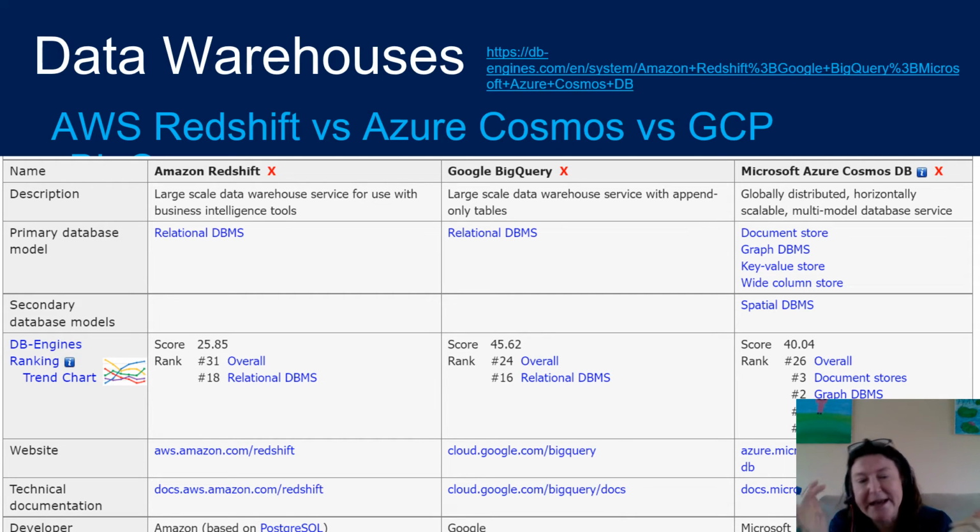So GCP, Google Cloud, has BigQuery, which is a data warehouse service with append-only tables. So, there are some limitations on that, but it is a large data warehouse dealing with columnar data, if you like. So all three of these offer columnar data capabilities.